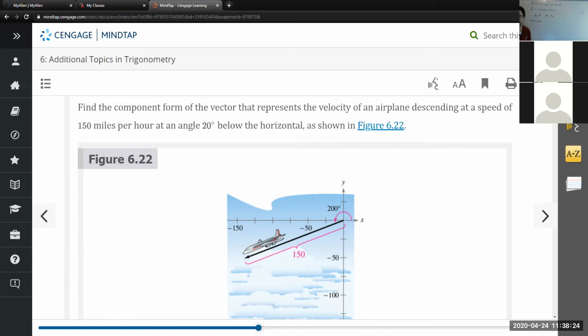What is the other thing that they gave us? Did they give us the magnitude of the vector? Did they give us the x component or the y component?